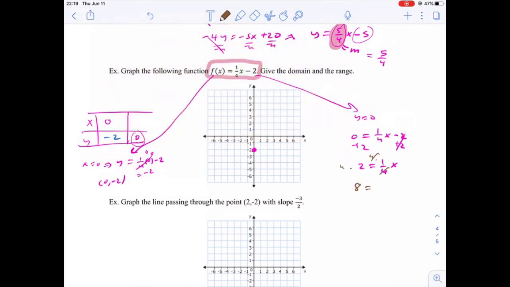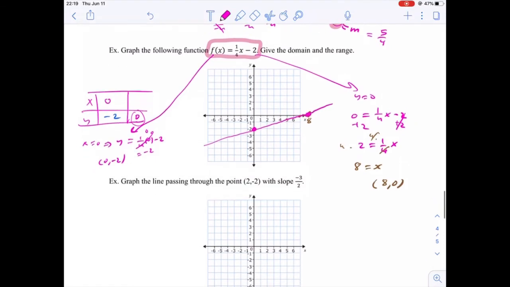This gives 8 equals x. So x equals 8. So the ordered pair is x 8 and y 0. So 8 with 0, this point here. And then we connect these with a straight line. This is how we graph this linear function.